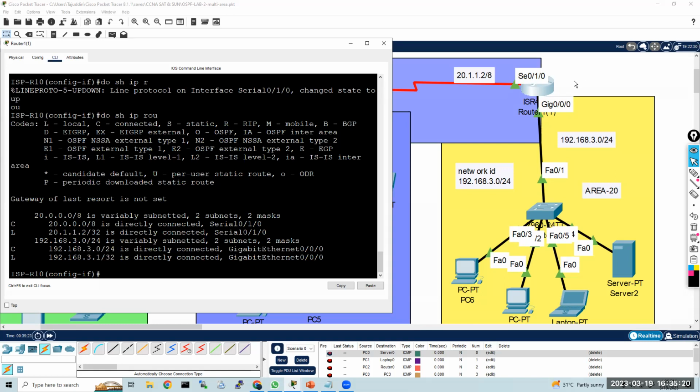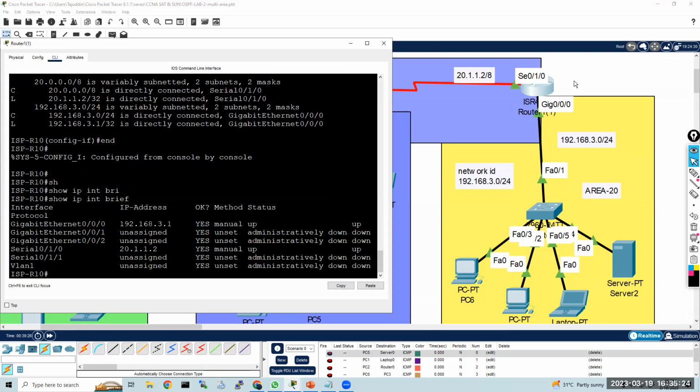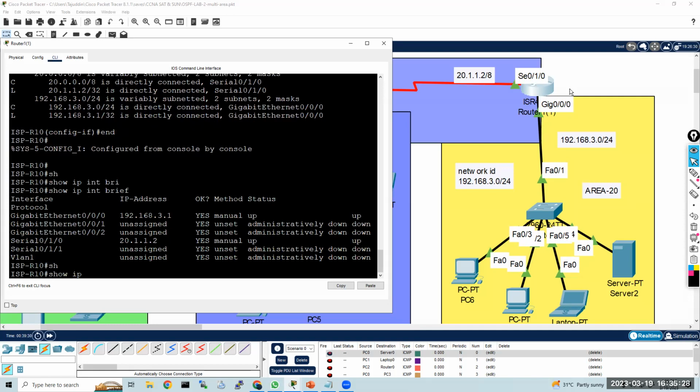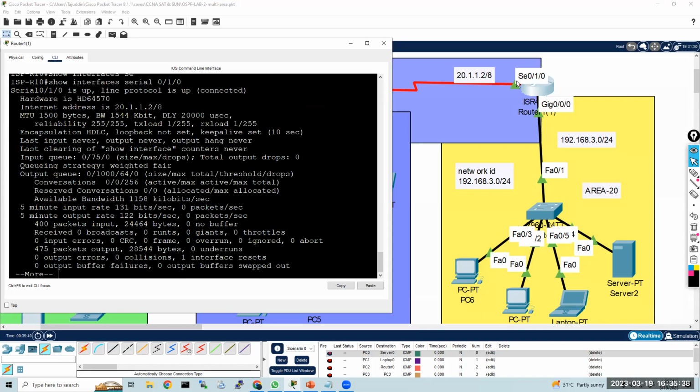Serial interface 0/1/0 brief. Show IP interface brief in router 3. No. Show interface serial 0/1/0.